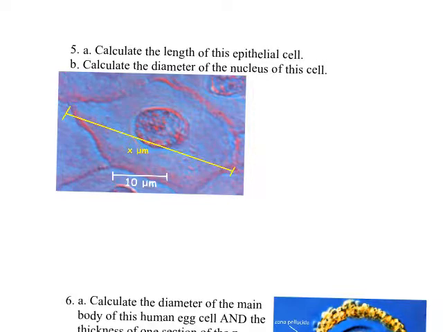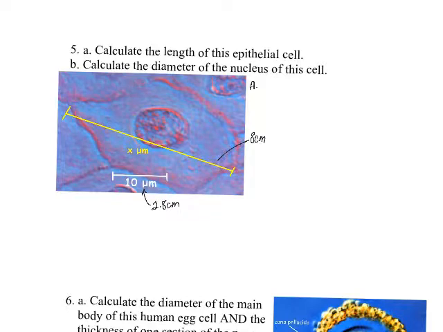Okay, so for this one, let's do A first. So A is the length of this epithelial cell, so the yellow part. So when I measured it before, I got 8 centimeters. You may have slightly different depending on how I printed it. And then I also measured this, and I got 2.8 centimeters.